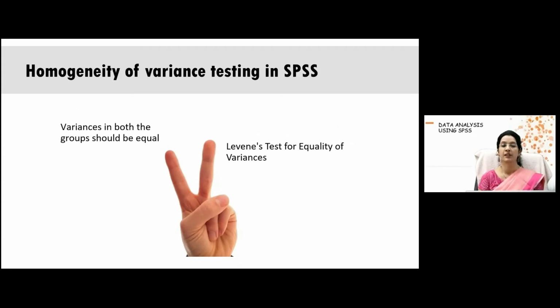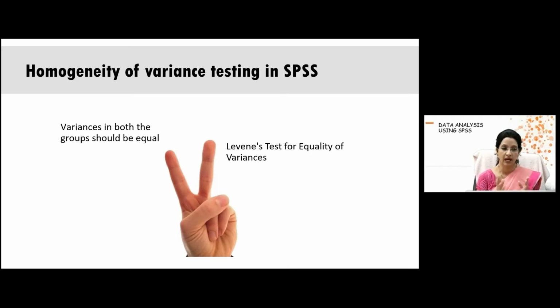So now, the second assumption which we read was regarding the homogeneity of variances. The test by which we test this is known as Levene's test for equality of variances. Don't be apprehensive about these names, as once you run and rerun it a few times, it will be very familiar to you, and then that fear will go off.